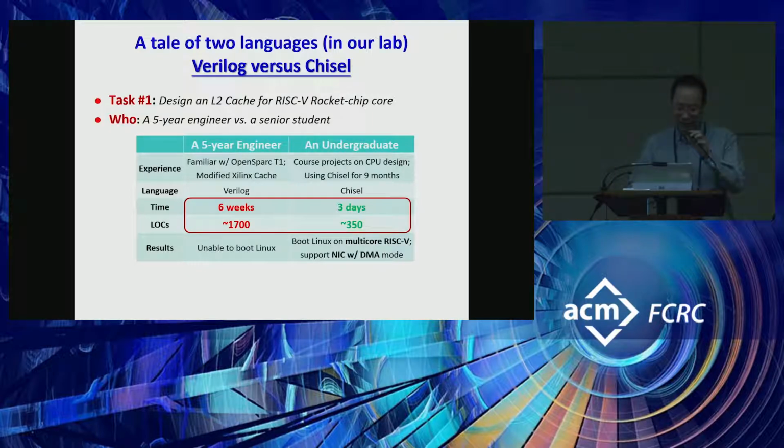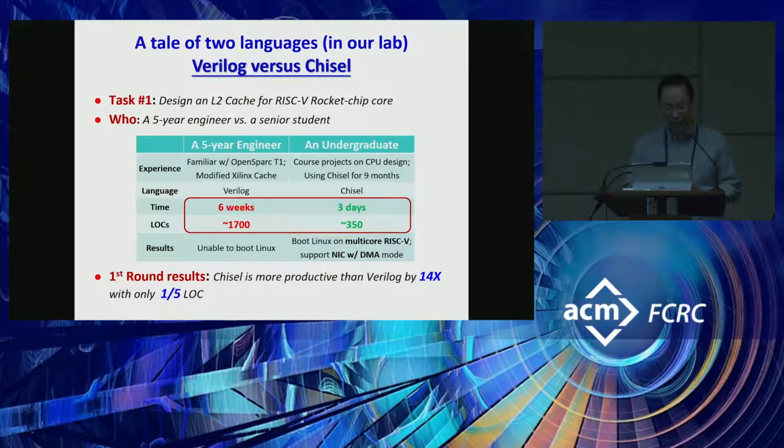Very interesting. The engineer spent 6 weeks and wrote more than 3,000 lines of code, but the effective code is about 1,700. The undergraduate spent only 3 days to write 350 lines of code, and his L2 cache can boot Linux on multi-core RISC-V and also support the NIC with DMA.